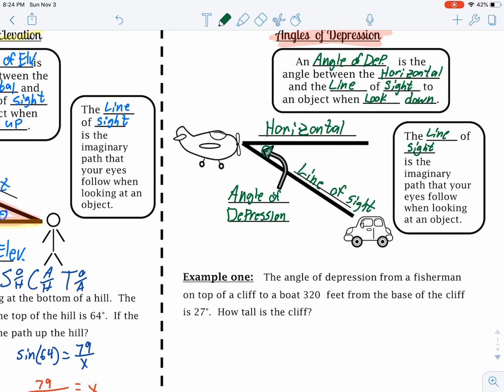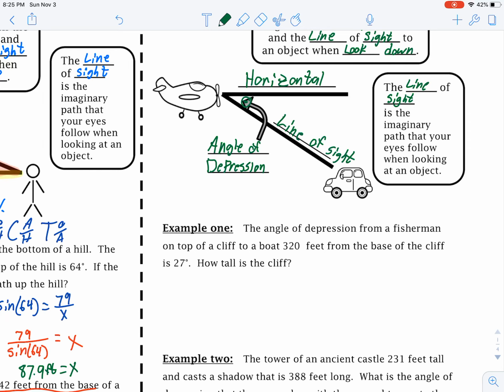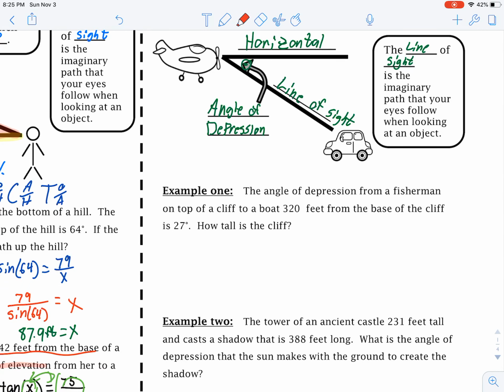But notice our line of sight is on the bottom of the horizontal. Over here, our line of sight was at the top. So that's the difference between the elevation and depression. Okay, so let's look at some examples down here.